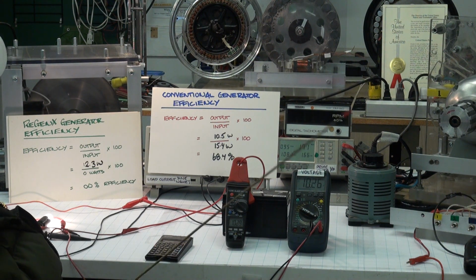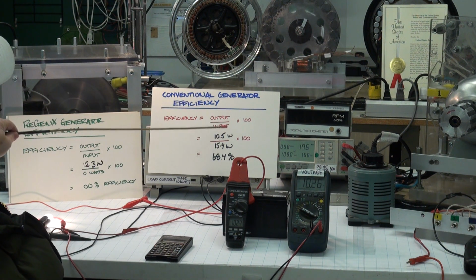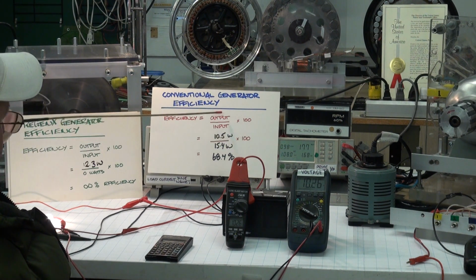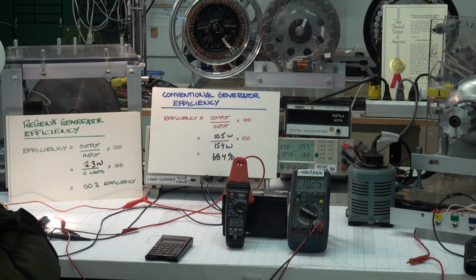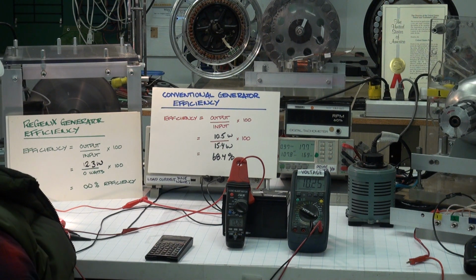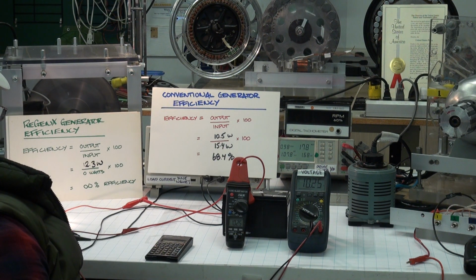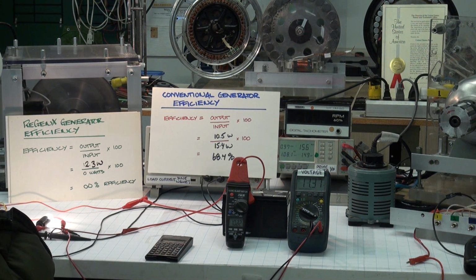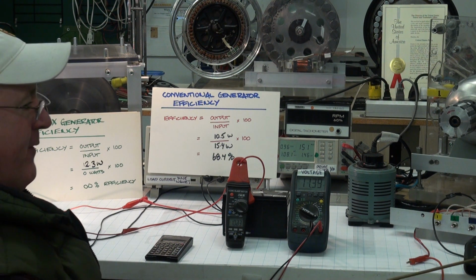Now we are in conventional generator mode, operating at about 68% efficiency. And now we're operating at infinite efficiency.